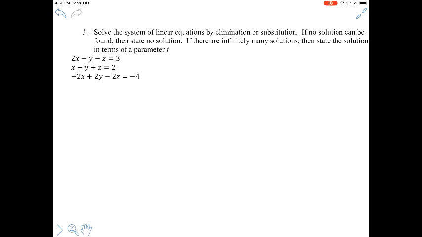So this should be number 4. It says number 3, but the numbering was off. So again, it's up to you. I'm not going to say you can't do it, but in the case that this has infinitely many solutions, if you've already eliminated z in one of the steps, it makes the process a little harder, because when it says state the solution in terms of a parameter, you're supposed to start by saying z equals t. So if you've already eliminated it, it's kind of awkward.